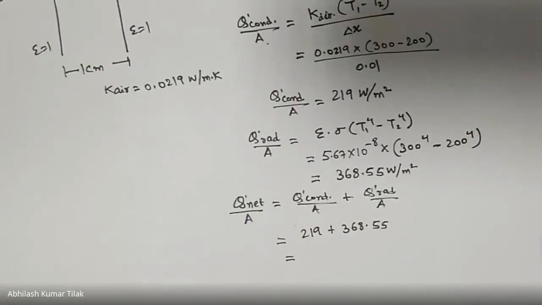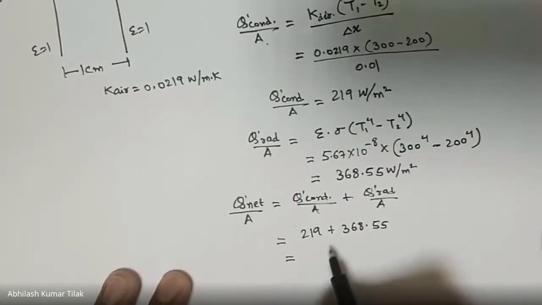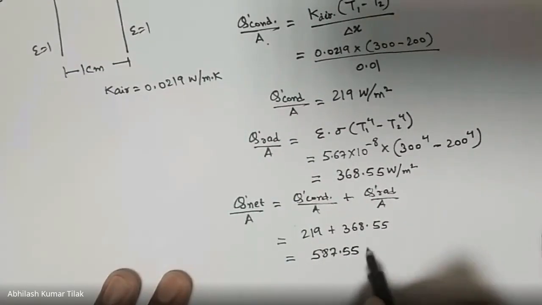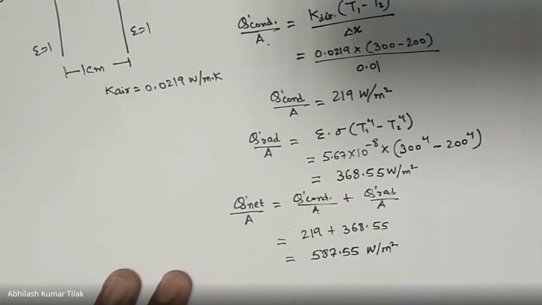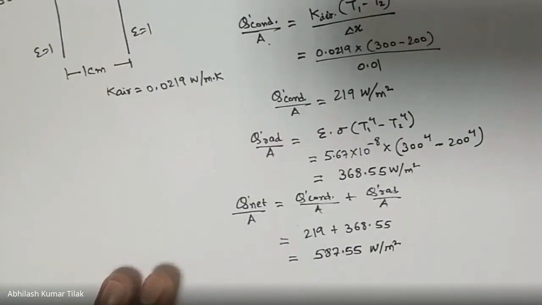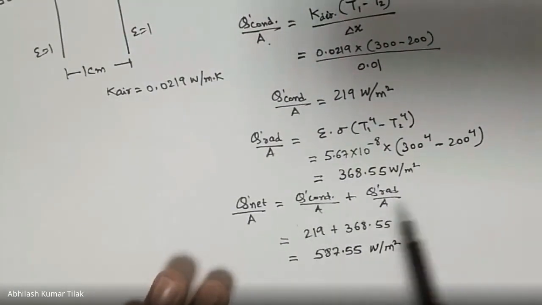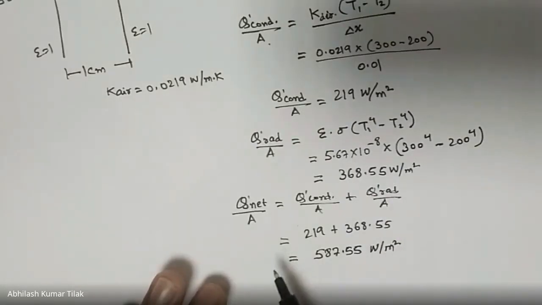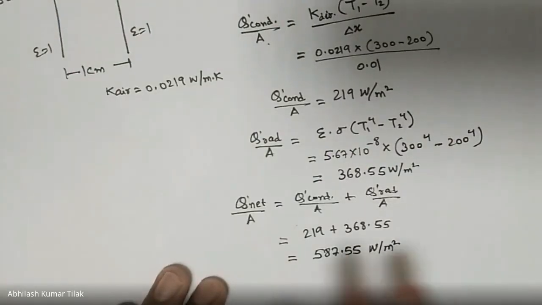The value you all are getting is 587.55 watt per meter square. So for a unit area, the net heat transfer would be 588 watt per unit area.